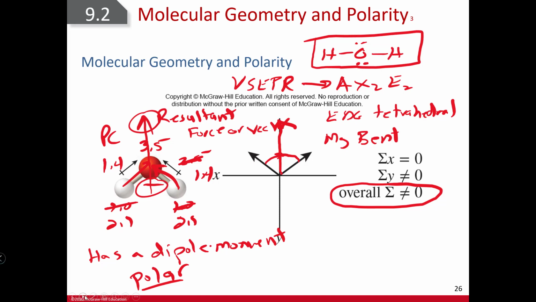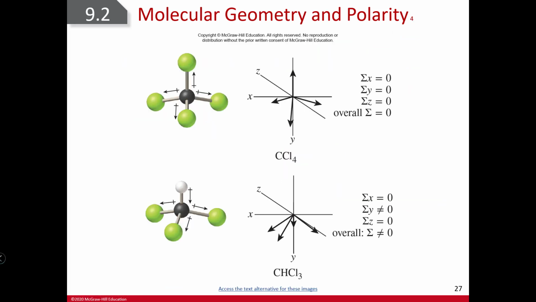All right, next one. So next one we have carbon tetrachloride, and this is a classic example of why you can't just go by Lewis structure and bond polarity. Because if you did the Lewis structure for carbon tetrachloride, here's the formula for it.